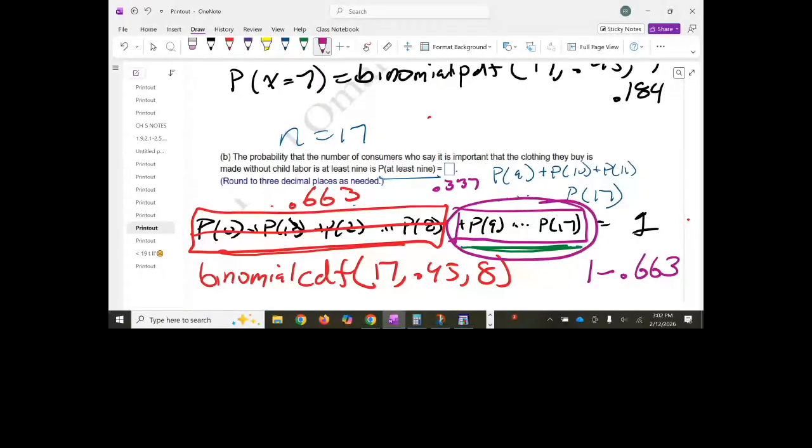And y'all, to me, that was easier for me to do calculation-wise than to say, Omar, do it for 9, do it for 10, do it for 11. Keep playing that game all the way until you get to 17. I don't have to do so many steps. I mean, I could do it. It's not that I couldn't. I could, but it was easier for me to do this other way. Okay.